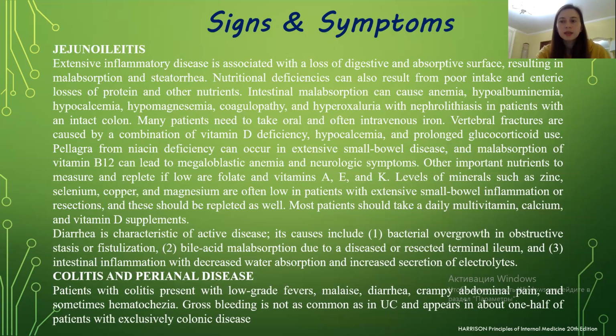Next symptoms, ileitis. Extensive inflammatory disease is associated with a loss of digestive and absorptive surface, resulting in malabsorption and steatorrhea. Nutritional deficiencies can also result from poor intake and enteric losses of protein and other nutrients.